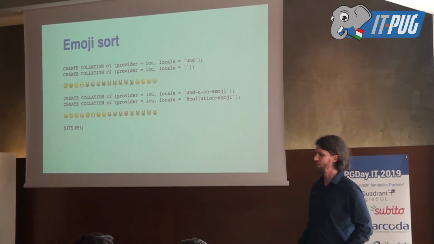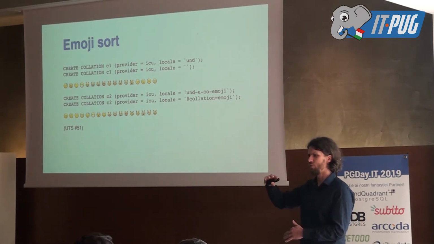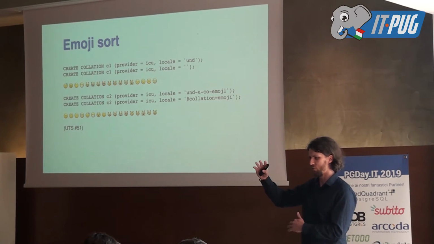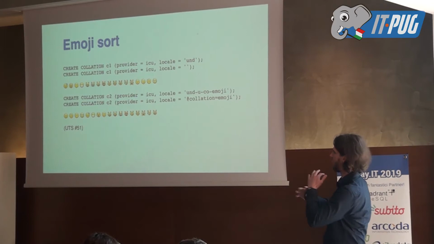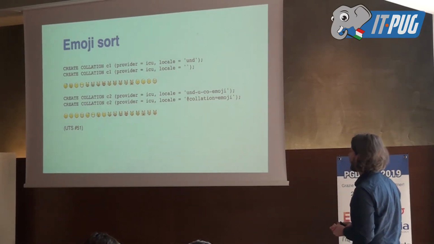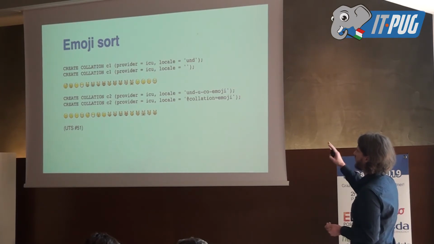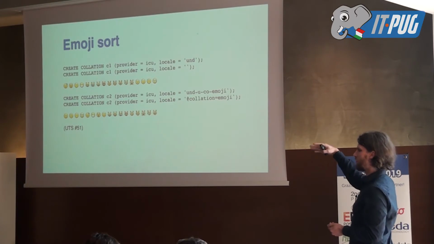There's a new emoji invented every week. They just append them. But once they're in there, they don't want to change the sort order because they want to keep everything stable, right? They don't want every new Unicode release to reorder characters because that would cause upsetness from application developers.